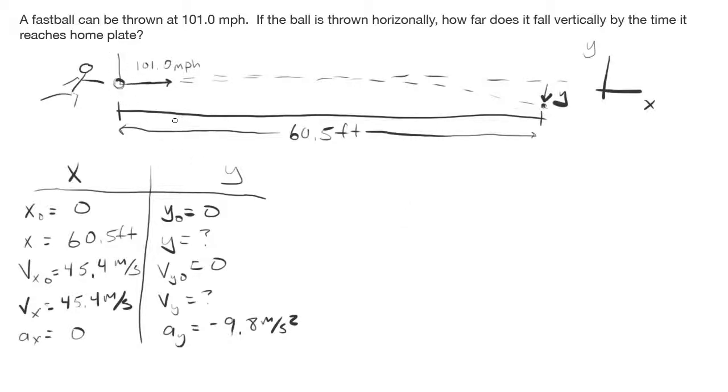I'm free to choose that wherever I want. I could pick right here to be my origin. Doesn't matter, but it doesn't really make sense to do that. I could do it, I just need to make sure that I adjust my distances accordingly. That's not a very logical place to do it, but we could solve that problem. Another logical choice might be right here, at the ground where the ball leaves. I could also choose it to be over here.